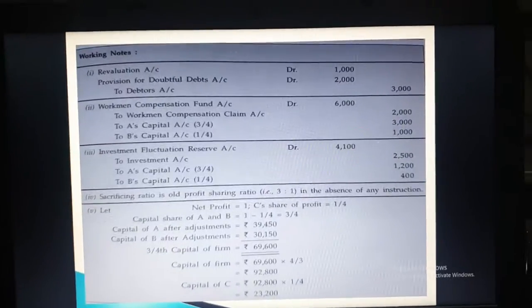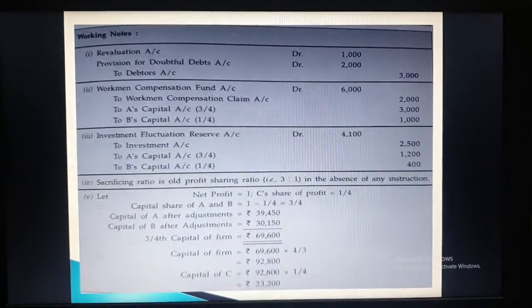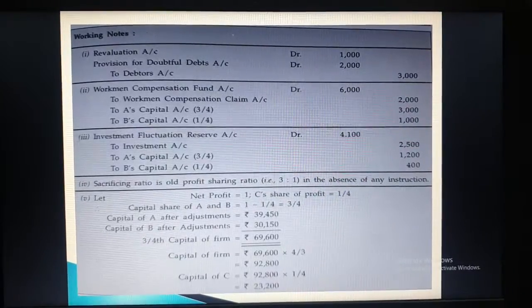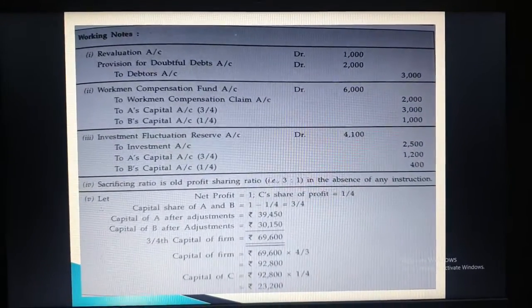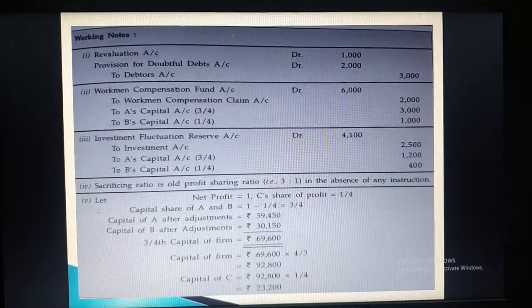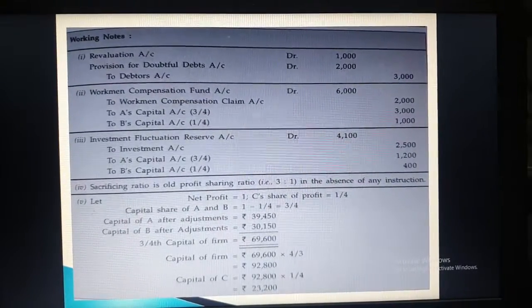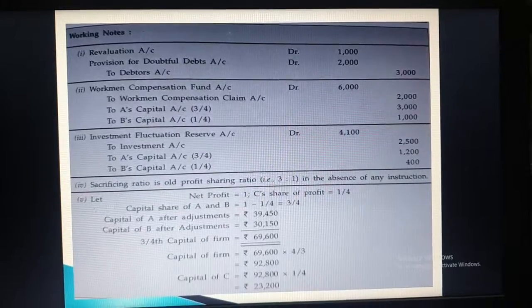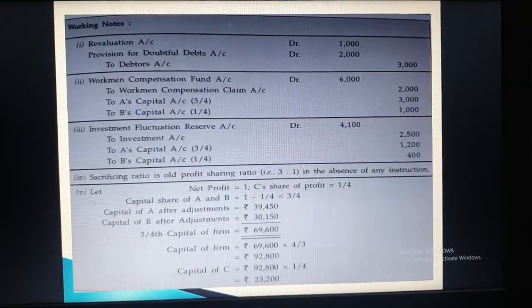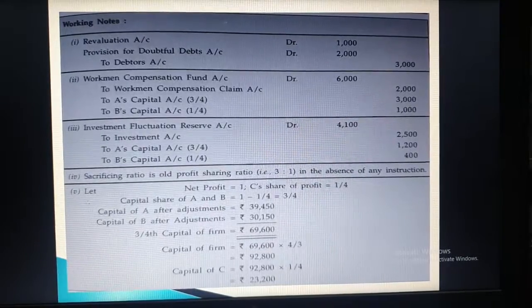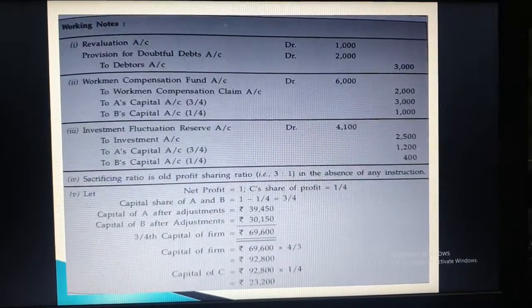Now at the last, see how to do the capital adjustment. Let's take the profit as 1. We have to take the profit of 1 and deduct the share of the new partner, 1/4. The remaining share is 3/4. Now you have to combine the total of A and B capital after all adjustments, which we already calculated in the first part, that is 39,450 and 30,150.